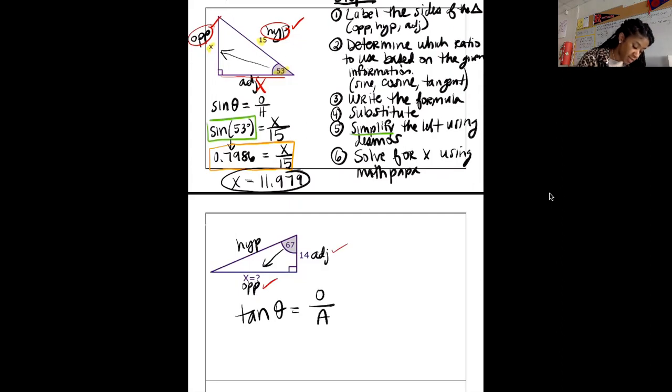The angle is 67. So tan of 67 equals opposite, x, over the adjacent, 14. Now we're going to use Desmos to simplify the tangent of 67 degrees.